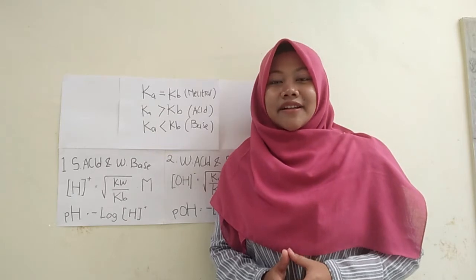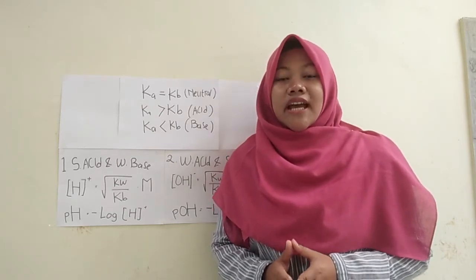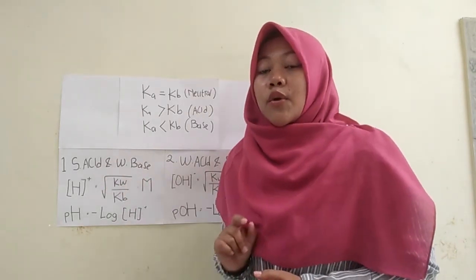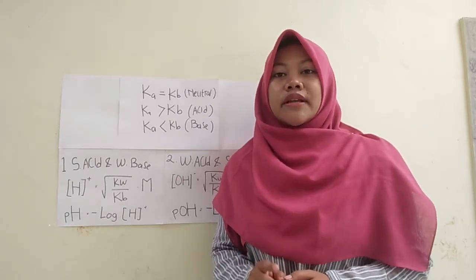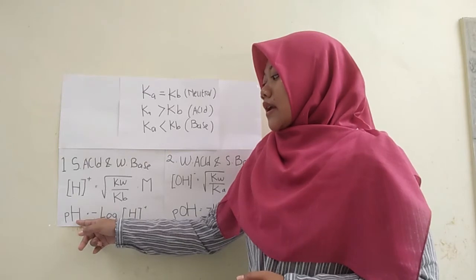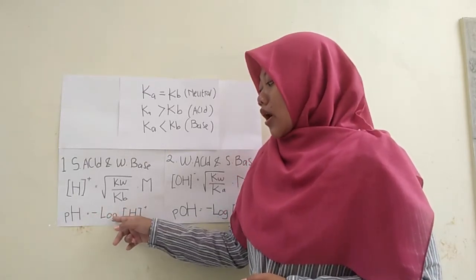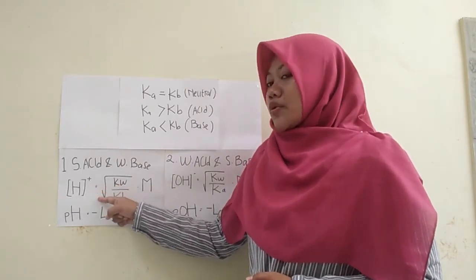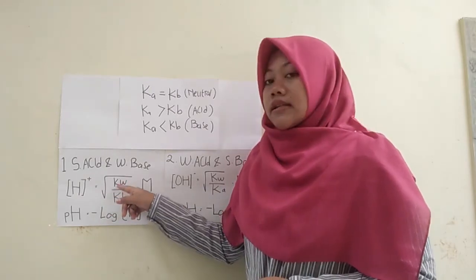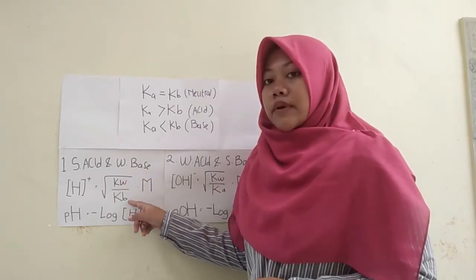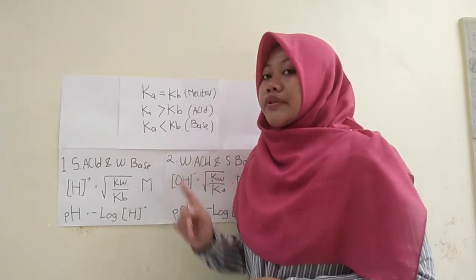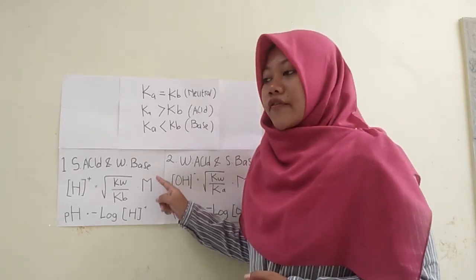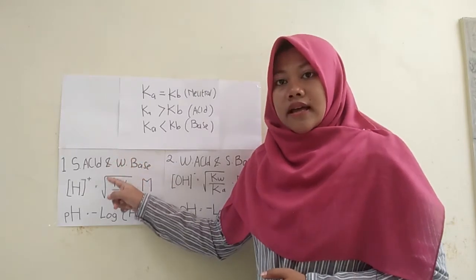The next is calculating pH. If the salt is from strong acid and weak base, we can calculate pH using pH equals minus log concentration of H plus, and H plus equals the root of Kw divided by Kb multiplied by M. In this, M is the concentration of salt.